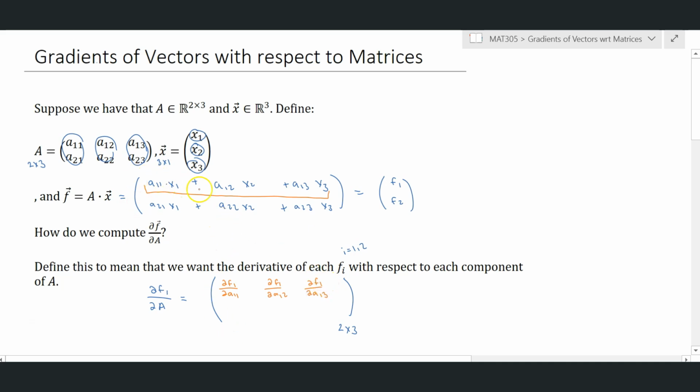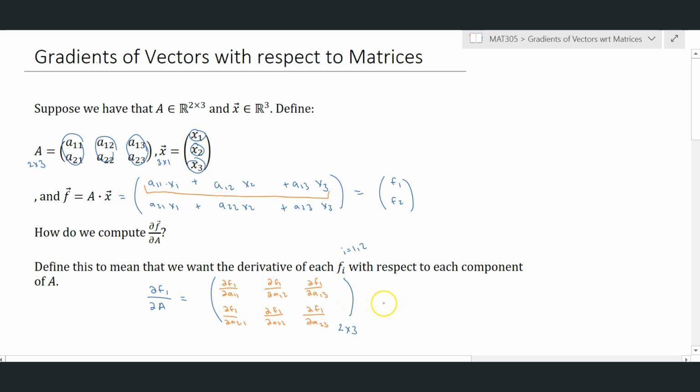And now in the second row, we're still focusing on f1, but now we take the derivative of f1 with respect to a21, and then with respect to a22, and then with respect to a23. The reason I've labeled these instead of putting numbers in them is because if this were just a constant like 5, taking the derivative of f1 with respect to the constant 5 may seem like a strange thing to do. So I'm just leaving these elements labeled this way.